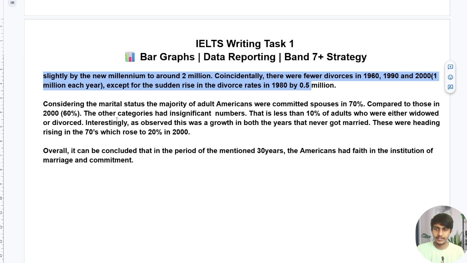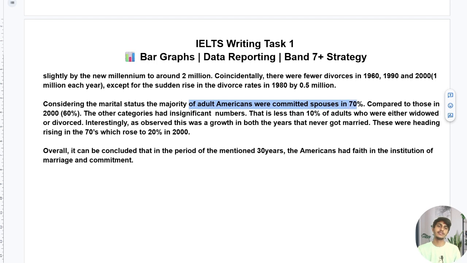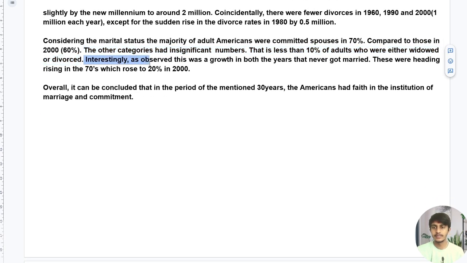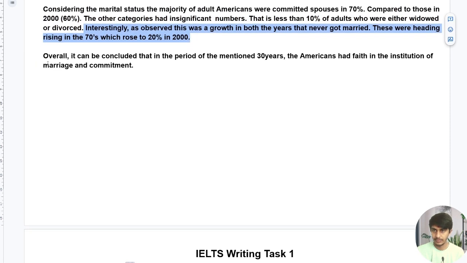Considering the marital status, the majority of adult Americans were married, 70% compared to 60% in 2000. The other categories had insignificant numbers, less than 10% of adults who were either widowed or divorced. Interestingly, there was growth in both years among those who never got married, rising in the 70s to 20% in 2000.